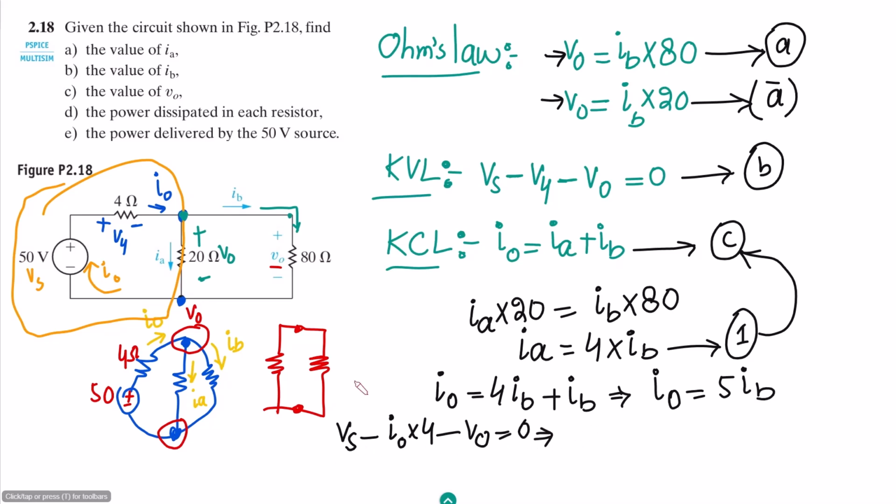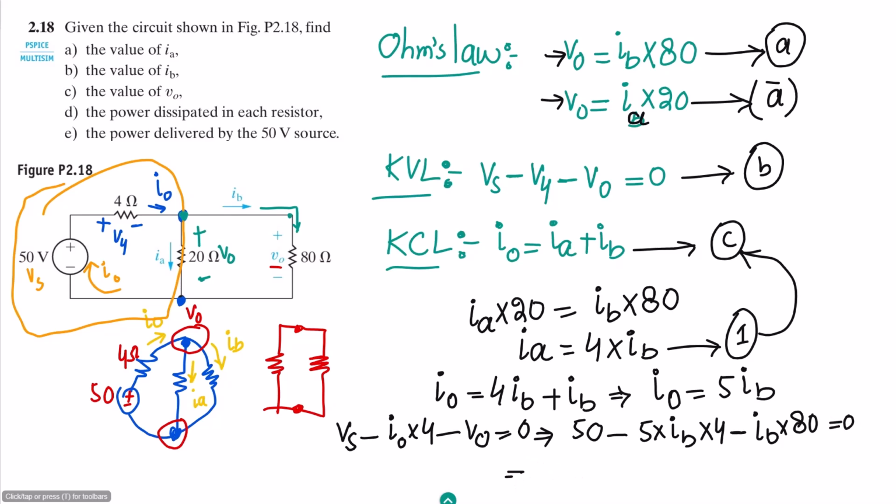Vs is 50 because the source voltage is 50 here, minus I naught which is 5IB, 5 into IB into 4, and for V naught we can take any of these equations, but as IB is involved, let me take equation A here. So it will be minus IB into 80, and that is equal to 0.